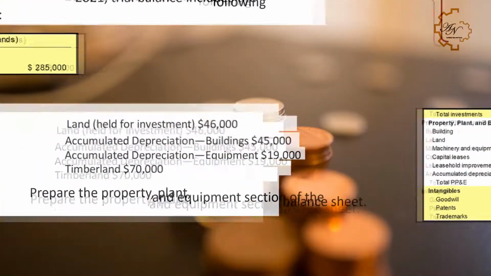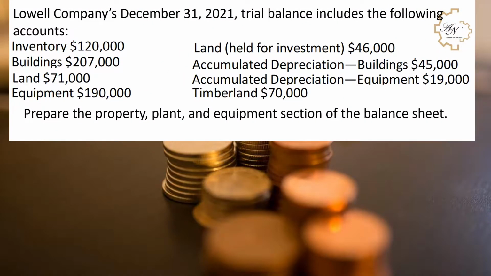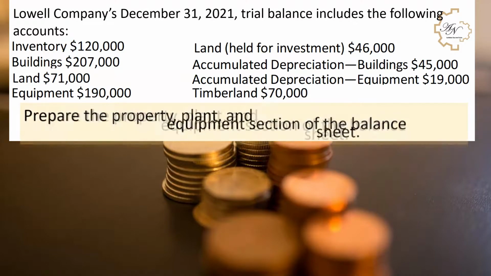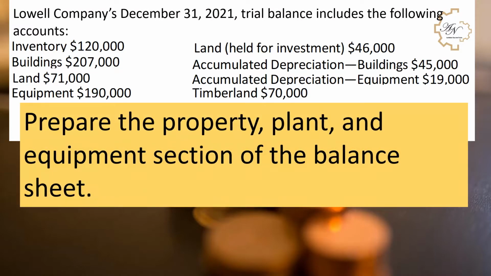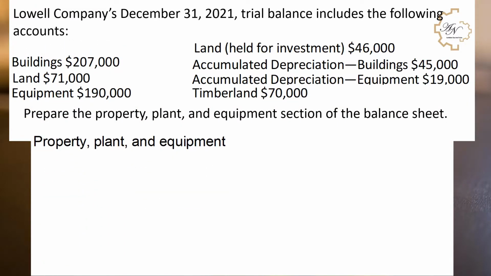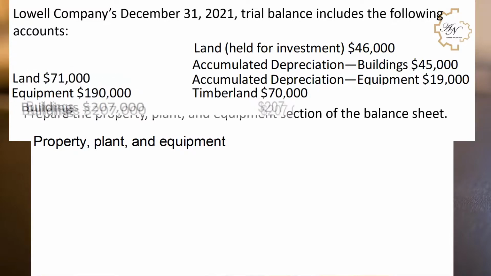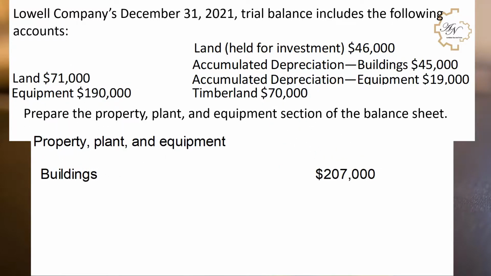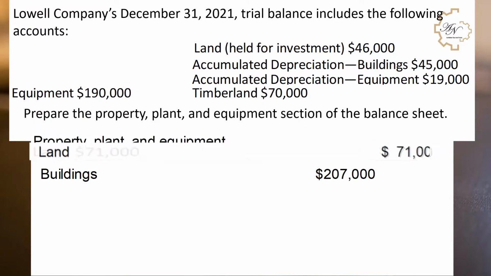For example, Lower Company's December 31, 2021 trial balance includes the following accounts, and the instruction is: prepare the property, plant, and equipment section of the balance sheet. Here we have inventory in the current assets, buildings in the property, plant, and equipment, land in the property, plant, and equipment.